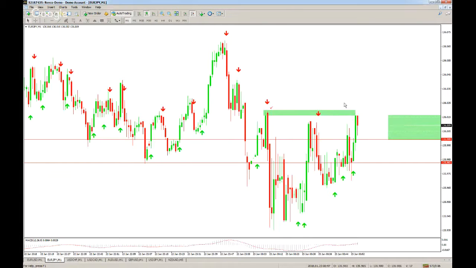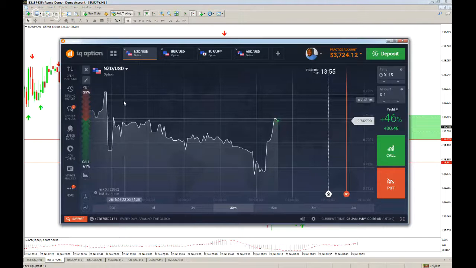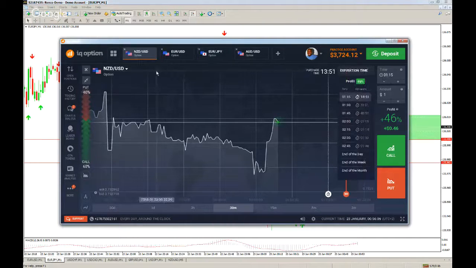Okay, it's really consolidation, but within structure. So we could see maybe a breakout trade there as well on the euro yen. So let's see how this actually closes. Yeah, okay. So we had a close, and I'm going to actually take a short position for 5 minutes, euro yen.